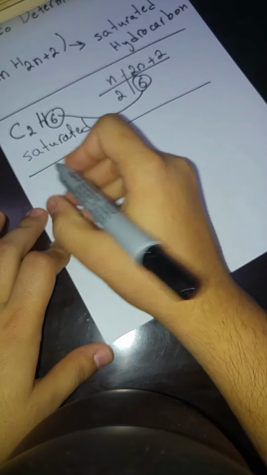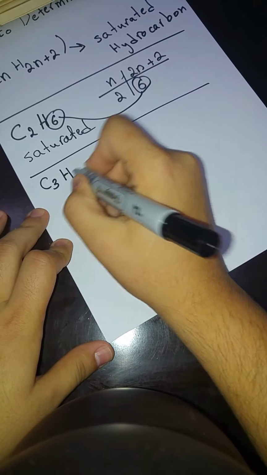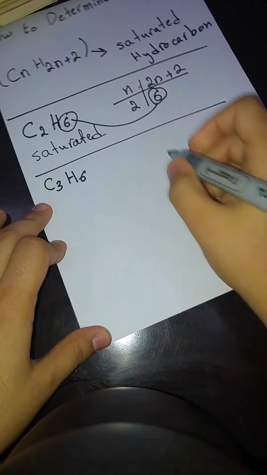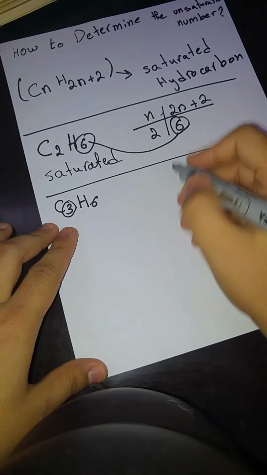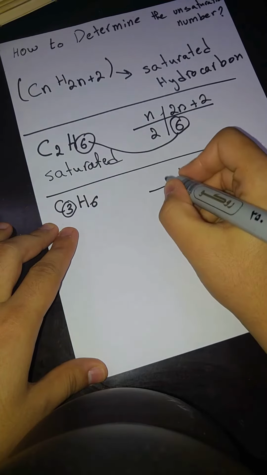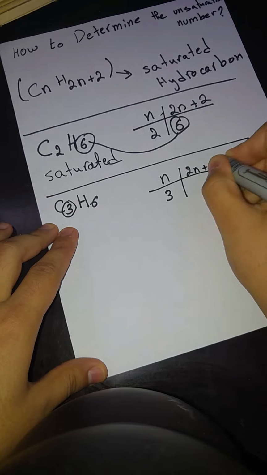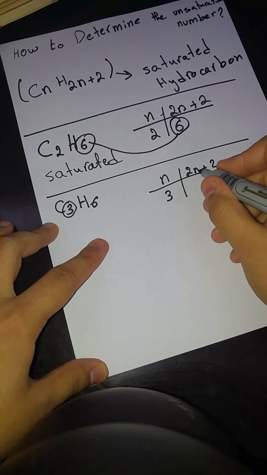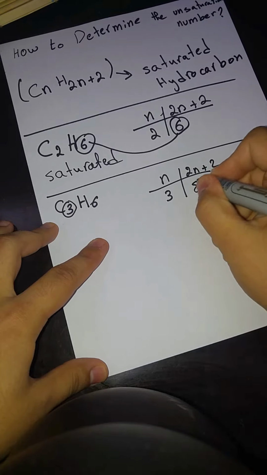Let's check another one. What about C3H6? The first thing we do is to take 3 as n, the number of carbons. N is 3 right now, and 2n plus 2 is 2 times n, which is 3, is 6, plus 2, it's 8.